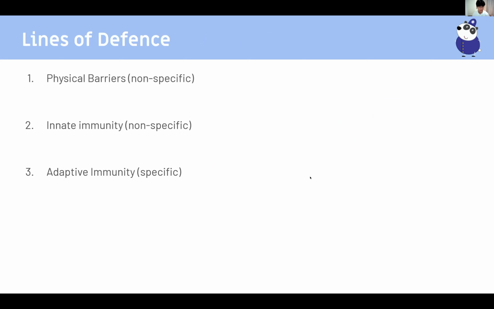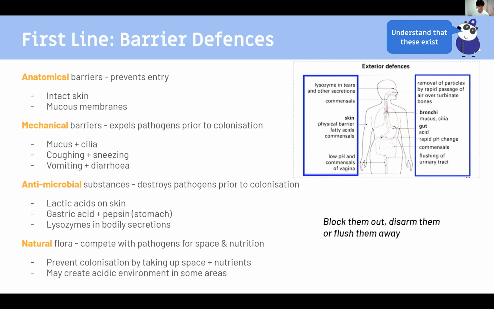Okay, so lines of defense. There's basically three lines of defense that we normally talk about when we talk about immunity. First one is the physical barriers, which are non-specific. Then there's the innate immunity, which is the second line, which is also non-specific. And then there's the third line, which is adaptive immunity, which is specific. The first line is pretty straightforward, so I won't go into too much detail.